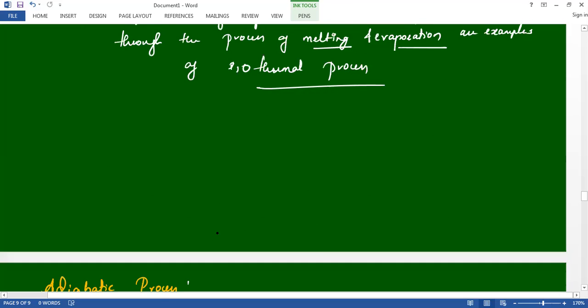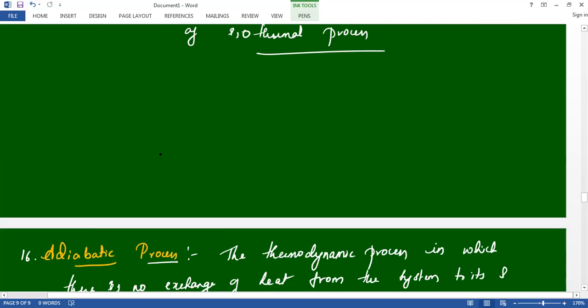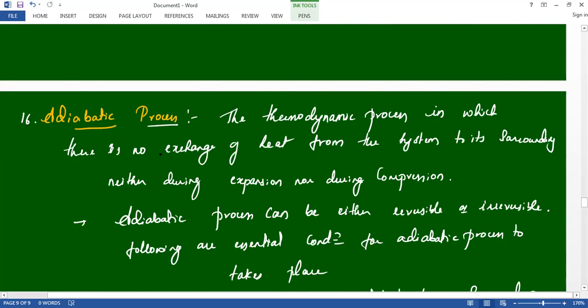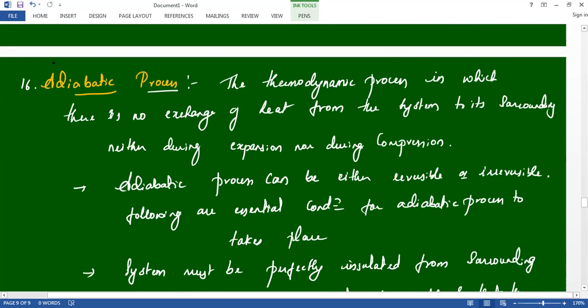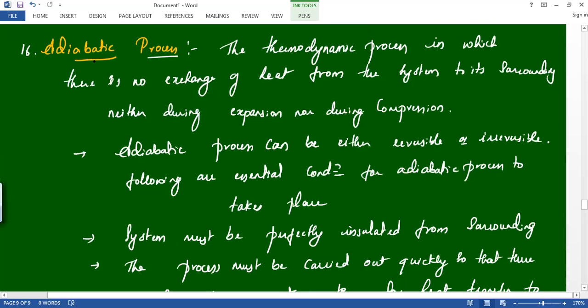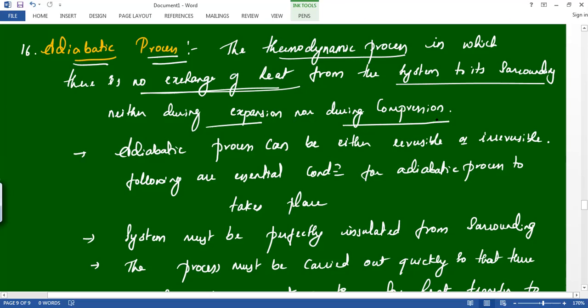Let us move on to the next one, the adiabatic process. An adiabatic process is a thermodynamic process in which there is no exchange of heat from the system to its surroundings, neither during compression nor during expansion.